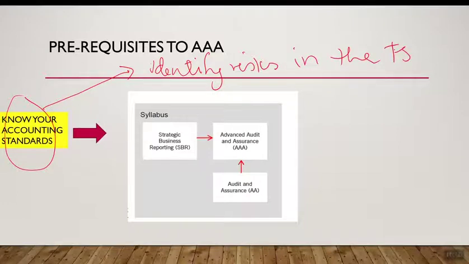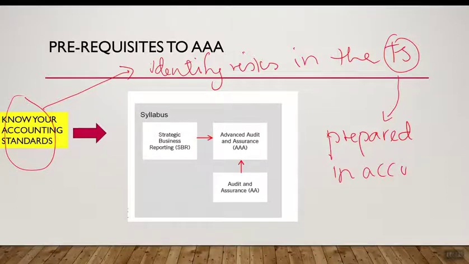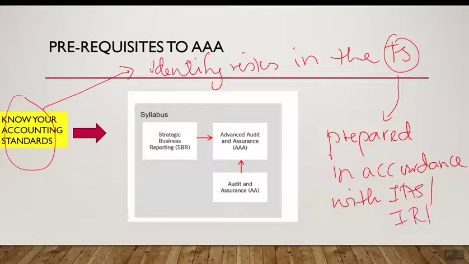So obviously, financial statements will contain a lot of figures, and they are usually prepared in accordance with IFRS, with IAS. So therefore, as an auditor, you have to know the recognition criteria. You need to know how certain figures are measured based on IFRS.